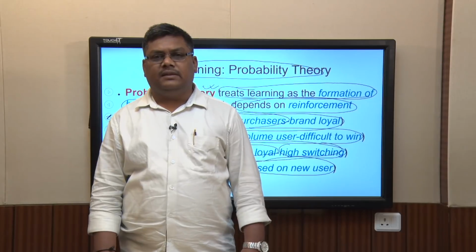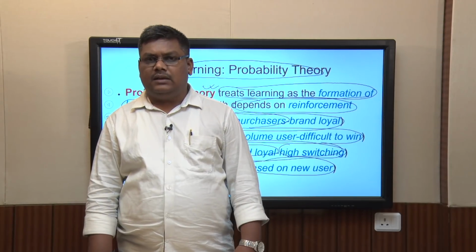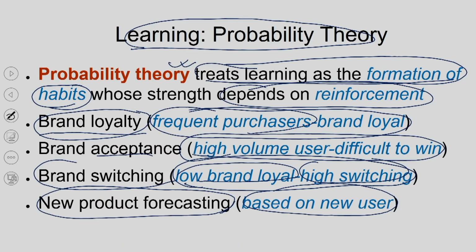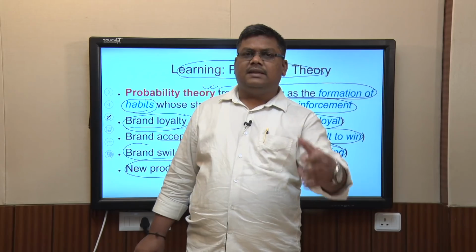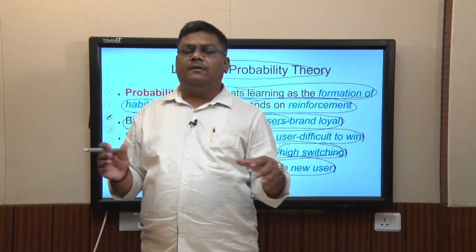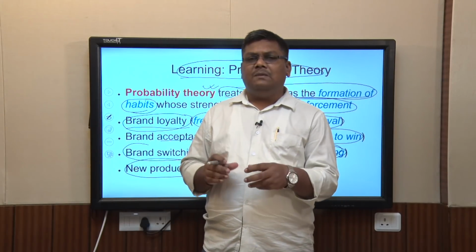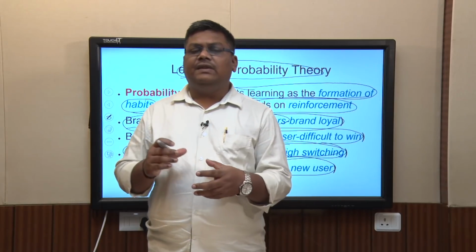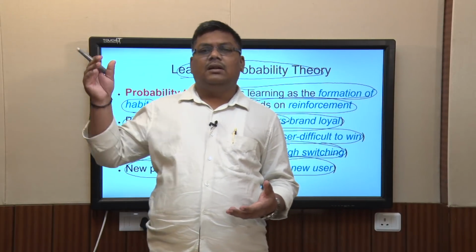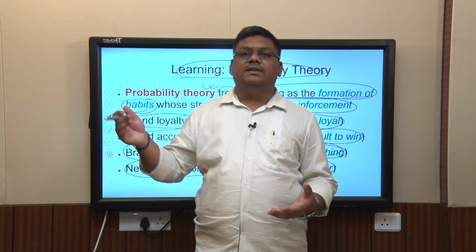Suppose a new brand comes in, the more new users to that brand will give you a probabilistic forecast of how the brand is going to perform in future. So, how many people flock to them and how many people keep with them initially will give some idea about how many people in future will stick to that brand.